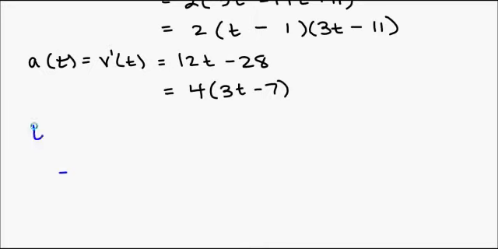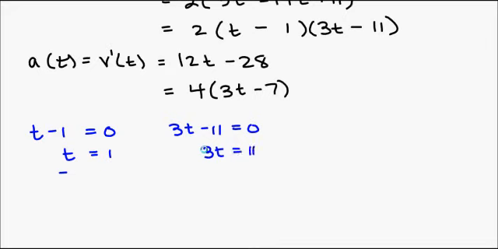So t minus 1 gives me t equals 1. 3t minus 11 gives me t is 11 thirds. Okay, so those are my times when I am changing direction.